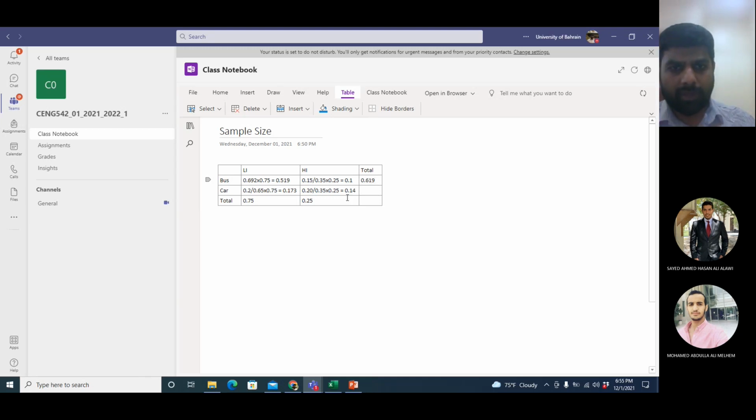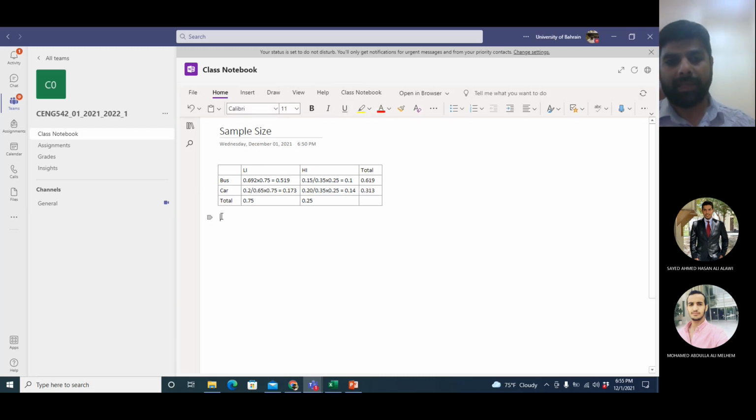And for this one, how much are you getting? 0.313. Okay, so 61.9% people from the sample are choosing bus, and 31.3% people from the sample are choosing car. As I said earlier, you already stratified the samples, so 75% belong to low income and 25% belong to high income.